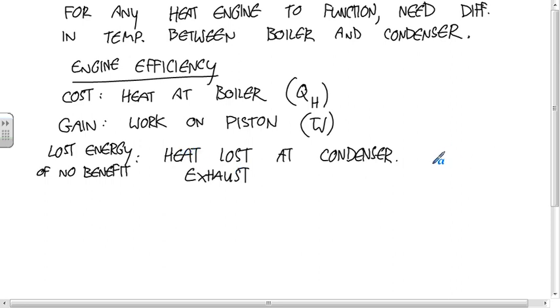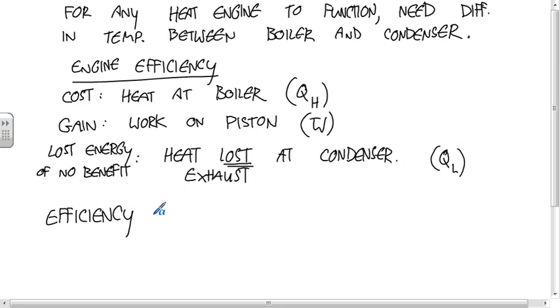So I'm going to call this QL for the heat at the low temperature. And notice that this is heat added to the gas. This is heat removed from the gas. So if we think of how these variables would combine to calculate efficiency, it sort of makes sense that you would do it this way.